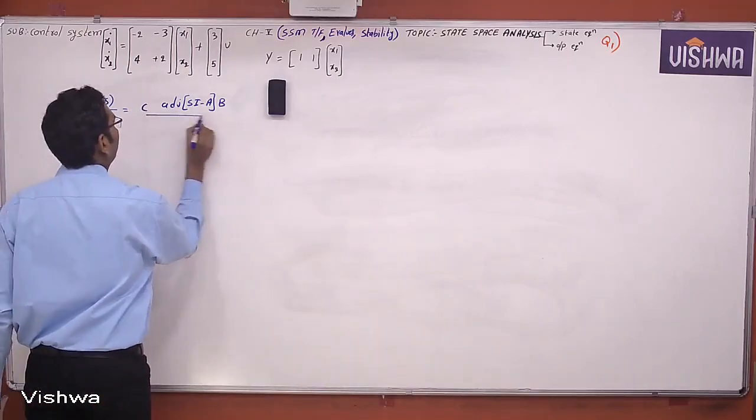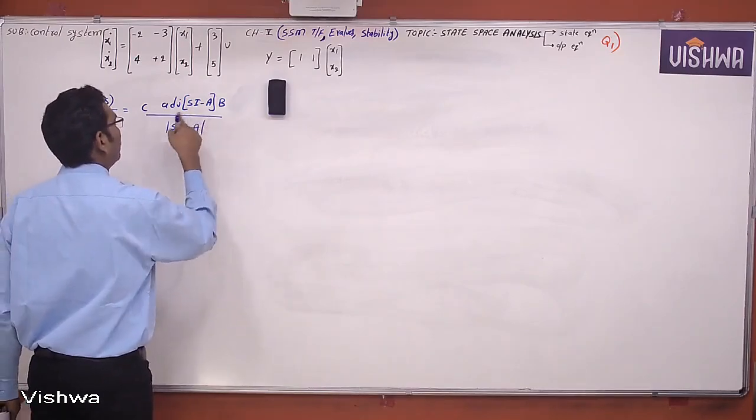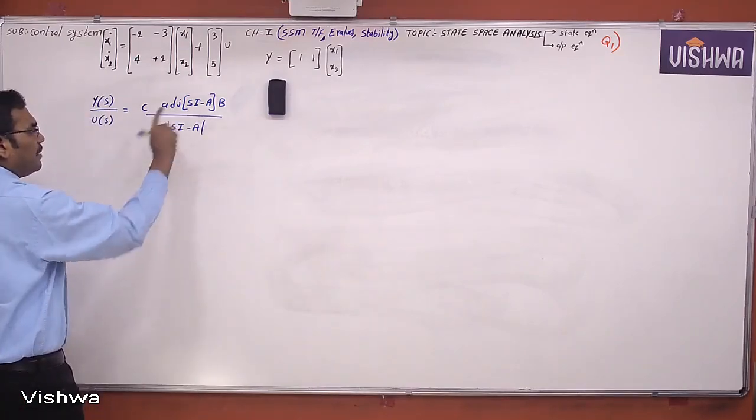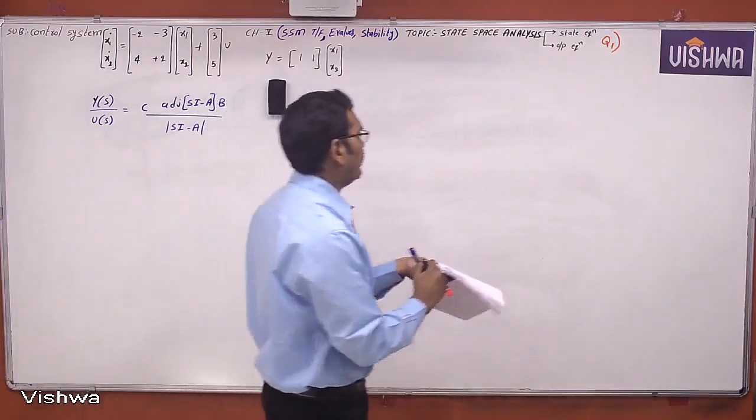First, we will see the sI minus A matrix and its determinant. We will calculate that separately first.